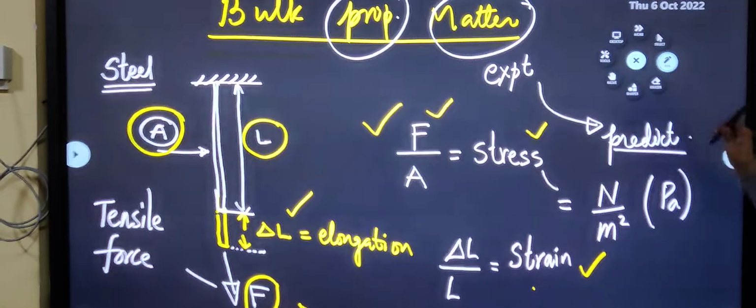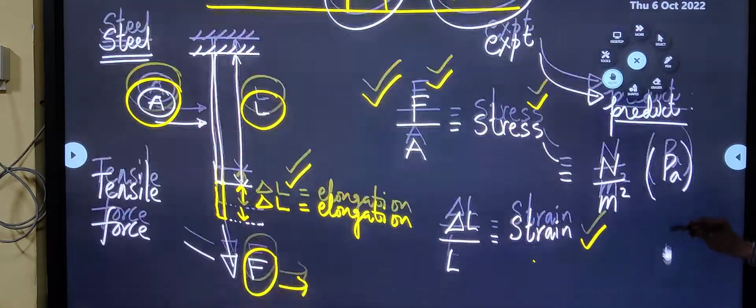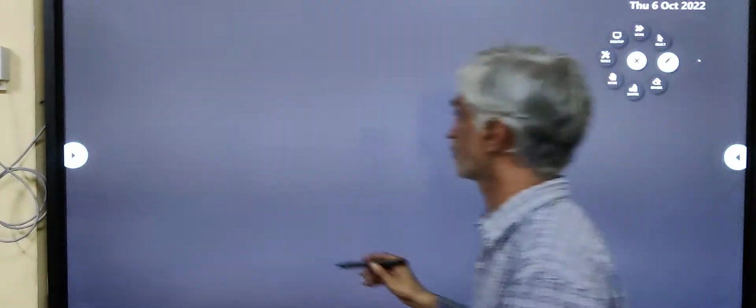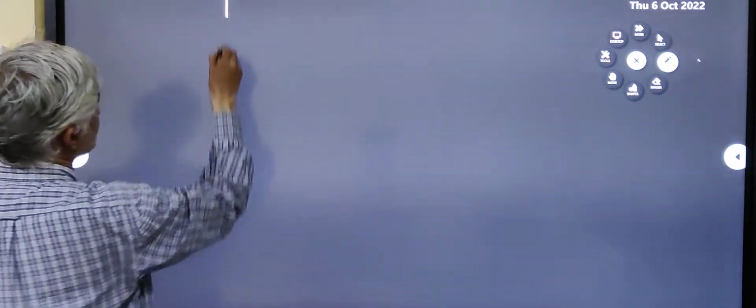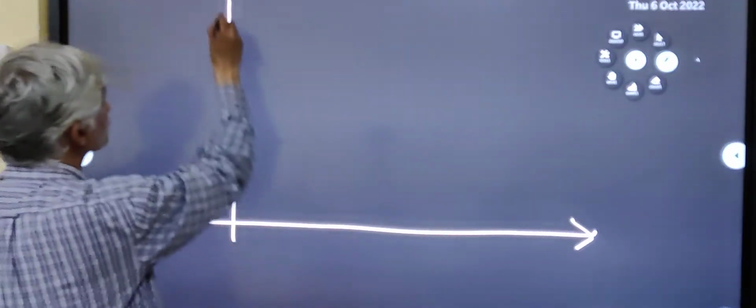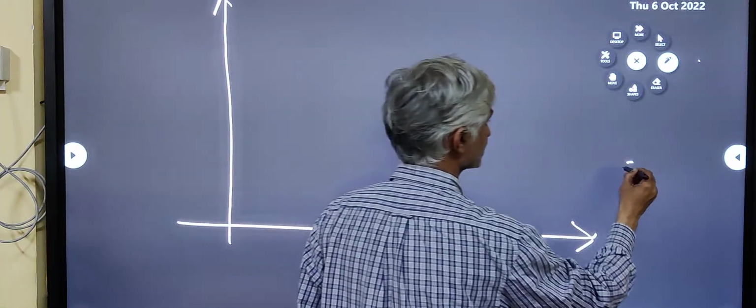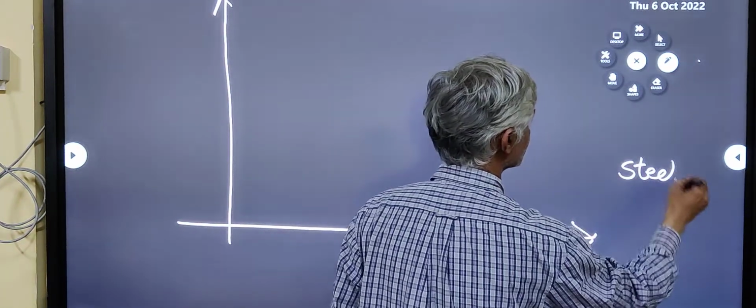Now with these values, what you're supposed to do is plot stress versus strain, and this particular graph by far is a very important and useful graph for the material. So in this case we are saying that the material is steel.